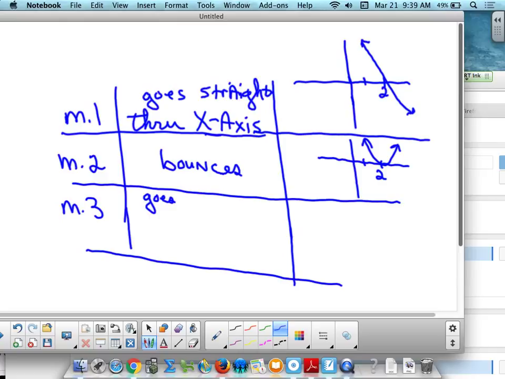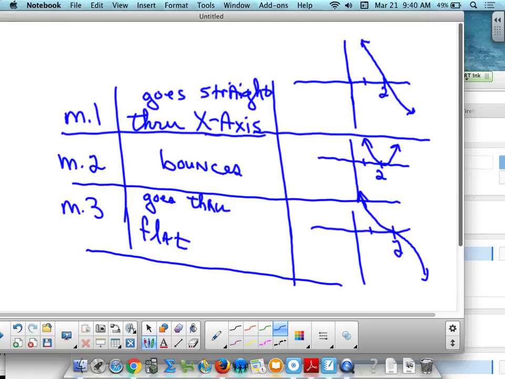Curves through. It goes through flat. Like this, coming through a little flatter, then there it goes. You spelled through wrong. It's T-H-R-U.